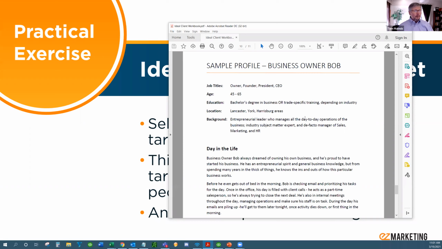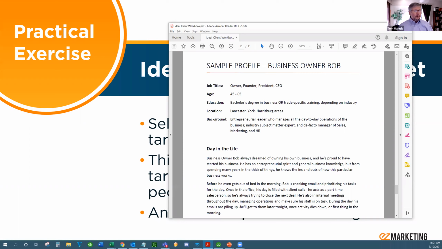You're wearing a ton of hats. It's been his dream to own his own business. Before he even gets out of bed, Bob's checking his emails and prioritizing his day. He really wants to grow his business. He knows marketing is important, but it's such a pain in the neck. He doesn't have the knowledge in it, and it's just frustrating to him.